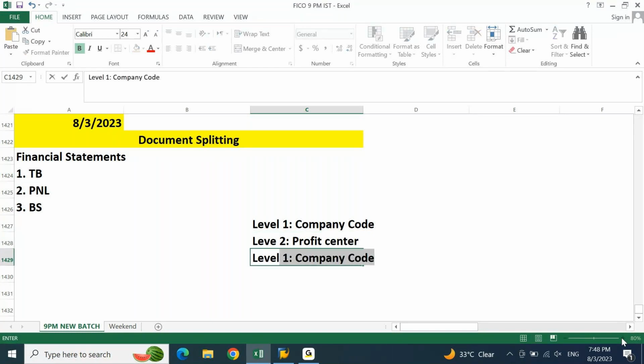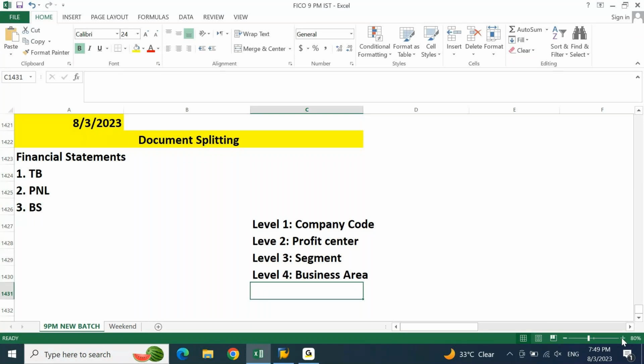Level 3 can be at segment level. Level 4 can be at business area level. Normally in standard SAP, in the standard system, these are the ways where you can generate your financial statements.